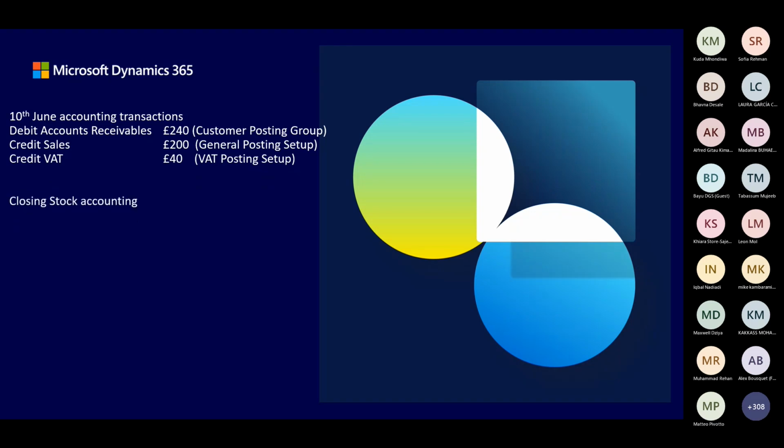On the closing stock, we're looking at credit the stock account because there's only 20 you sold, at £1 each. And remember, closing stock is net of cost or lower of cost and net realizable value. So for Business Central, we'll be looking at costs, unless you adjust to lower of the cost.